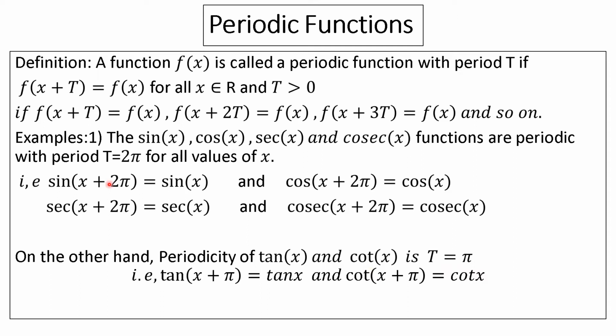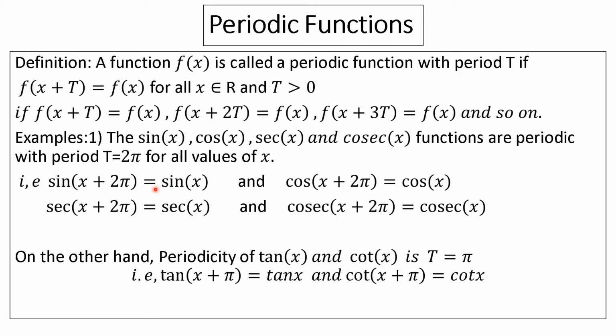Suppose f of x is equal to sin x. Sin of x plus 4 pi is equal to sin x. Sin of x plus 6 pi is equal to sin x. Sin of x plus 8 pi is equal to sin x, and so on.